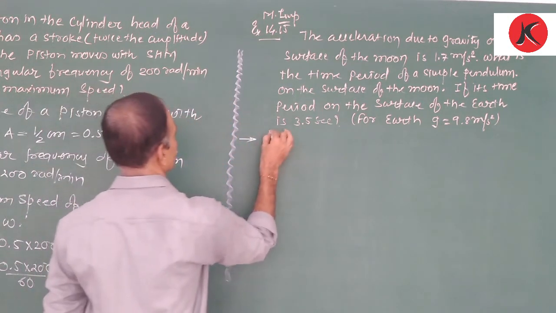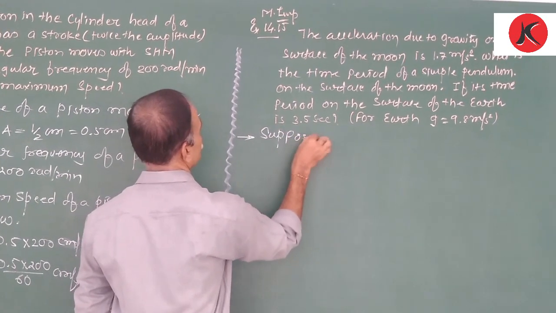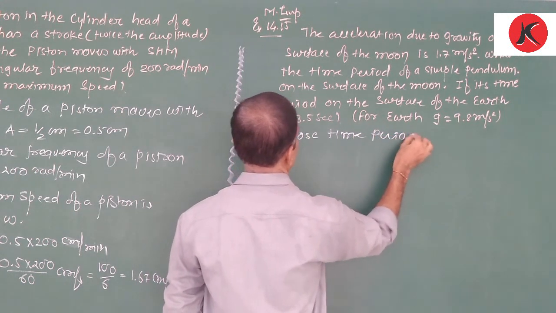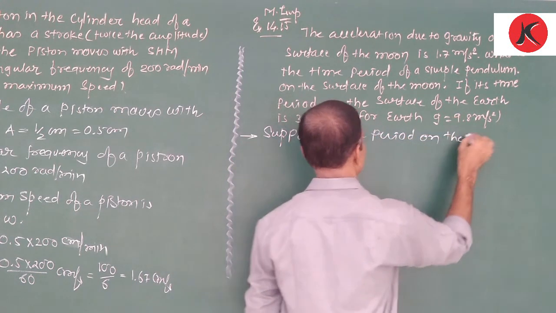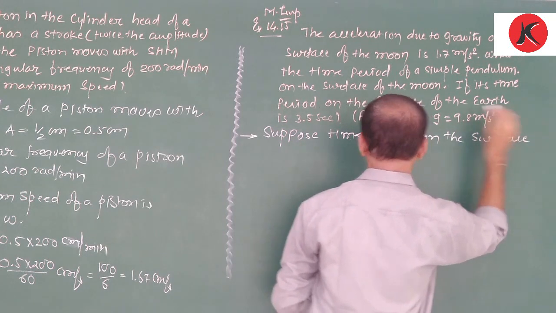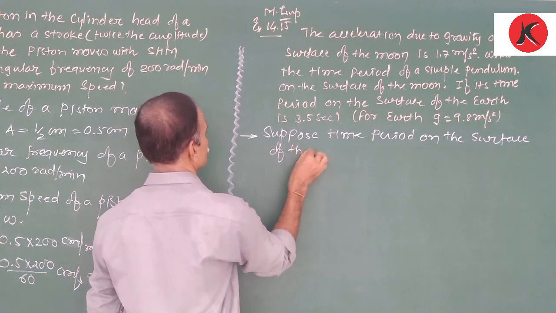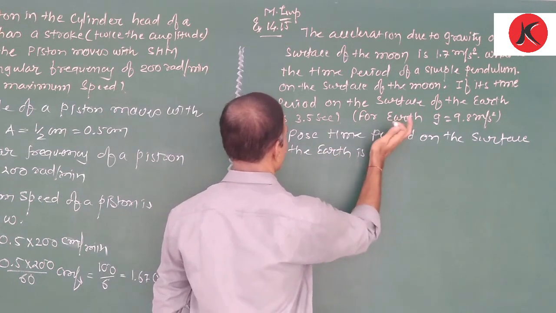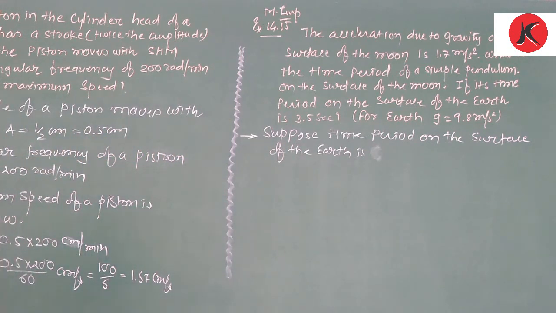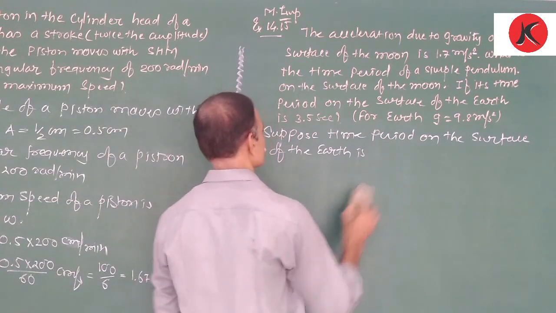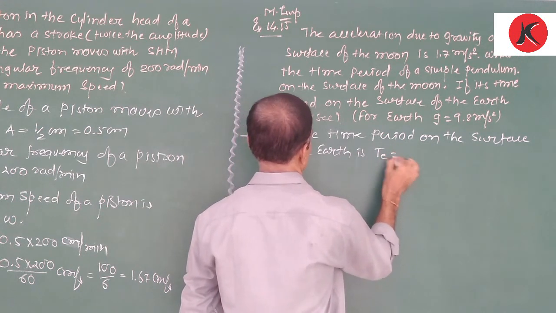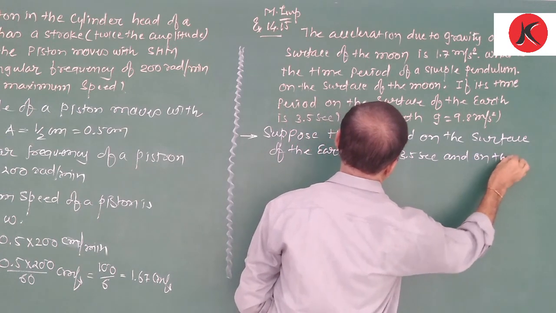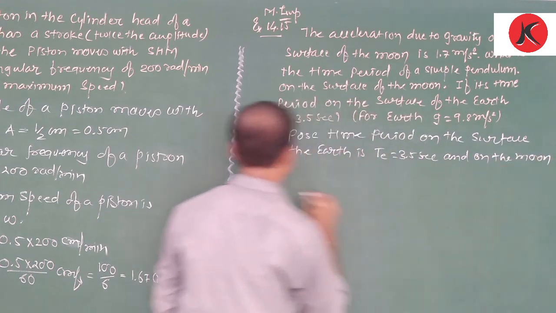For that purpose, suppose the time period on the surface of the earth is 3.5 seconds. That means TE is 3.5 seconds. And on the moon it is TM.